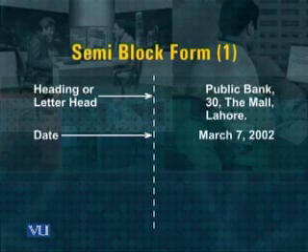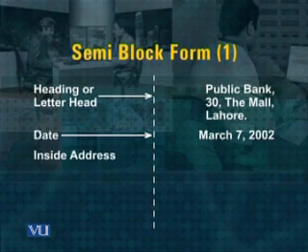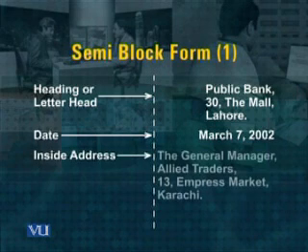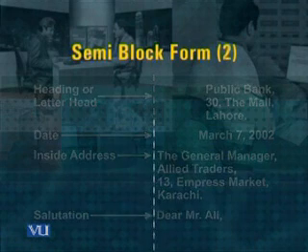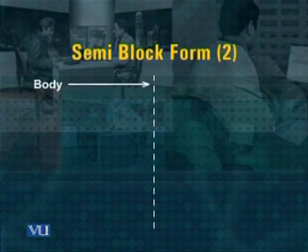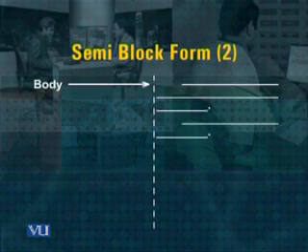You can see heading is toward the right hand margin, date is toward the right hand margin, and then inside address is toward the left hand margin, salutation is toward the left hand margin. Then comes body. You can see that the lines of the body are blocked, right? They are not indented. Single space is given, and double space between the paragraphs.